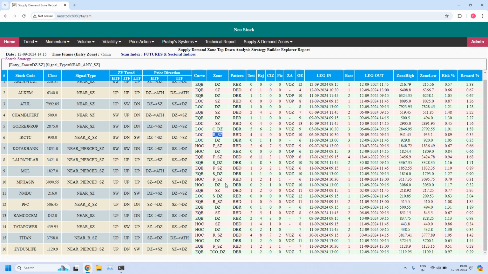And then we have PFC, Power Finance Corporation, already tested once. You need to look for a fresh fine-tuned 5-minute zone. And the Titan is already pierced, so it is not a valid zone.